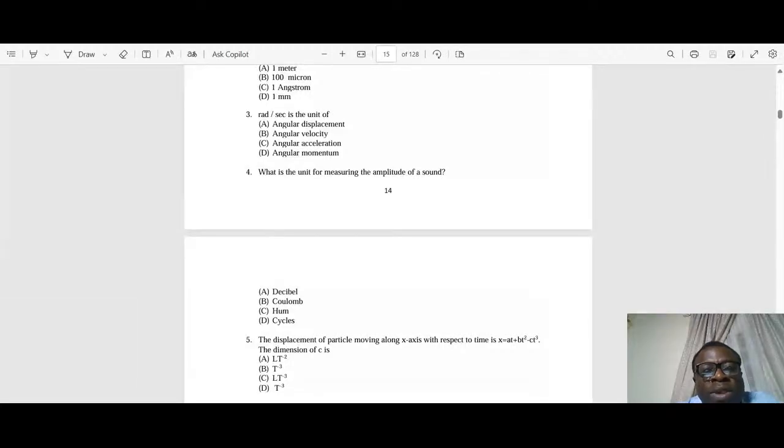The dimension of C is A. LT raised to power minus 2, B. T raised to power minus 3, C. LT raised to power minus 3, D. T raised to power minus 3. Your option, please.